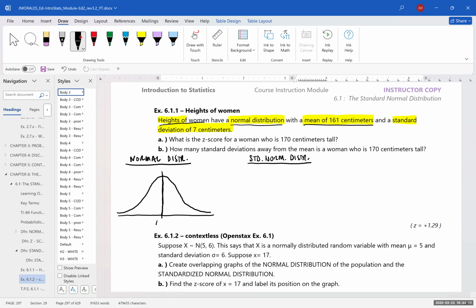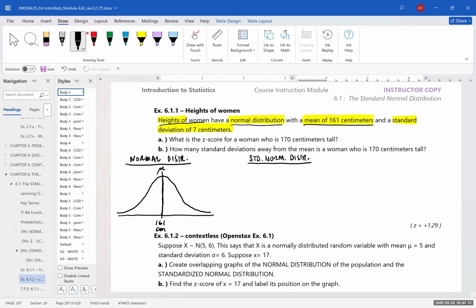So that's 161 centimeters. That is actually going to be a population mean there, so let me change the symbol to mu. And we have a standard deviation of 7.